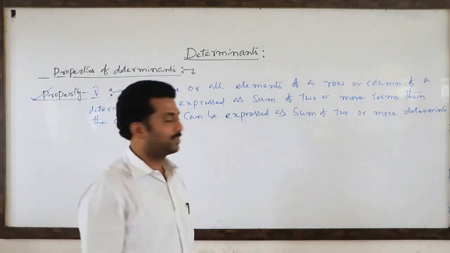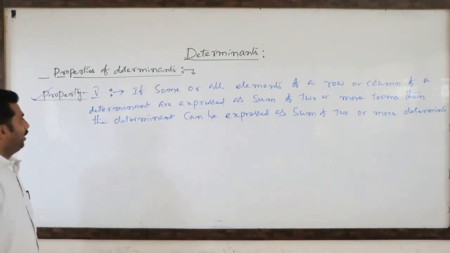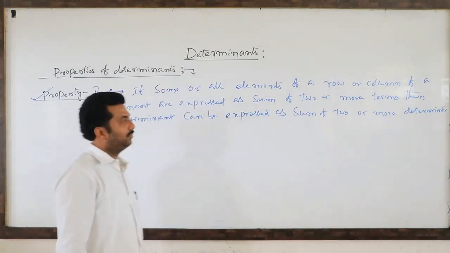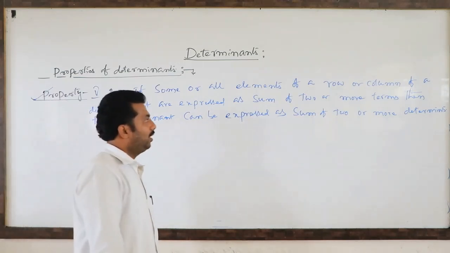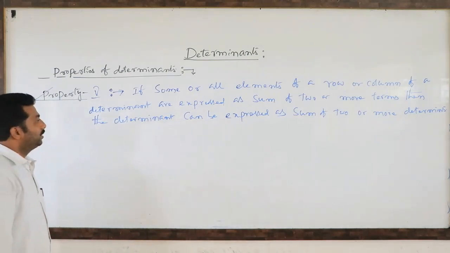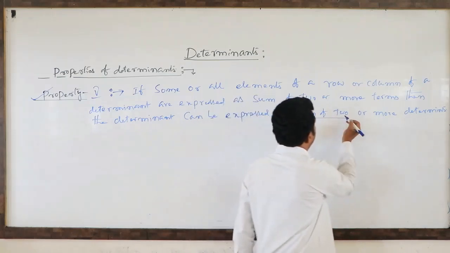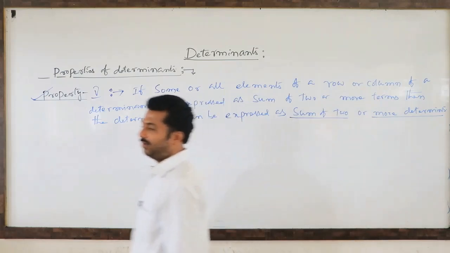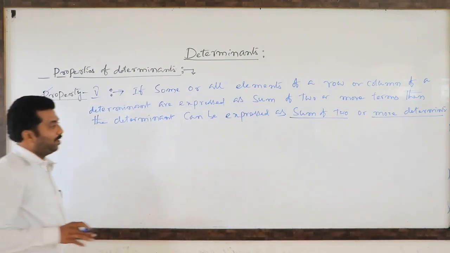Okay. Next, property number 5. If some or all elements of a row or a column of a determinant are expressed as sum of 2 or more terms, then the determinant also can be expressed as sum of 2 or more determinants. So what is the previous property?